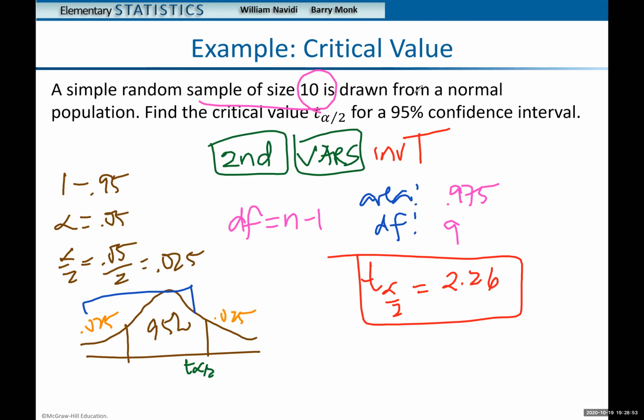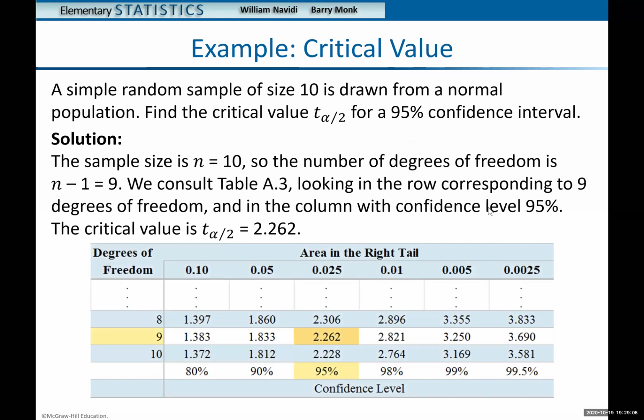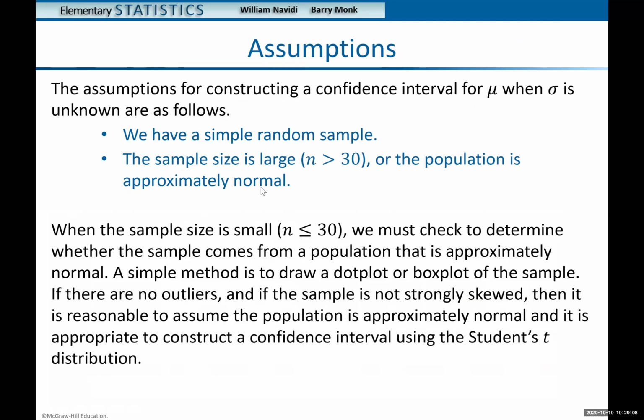Okay, any questions? And we have assumptions here. It's the same thing. So we have a simple random sample and the sample size is large, must be greater than 30, or the population is approximately normal.